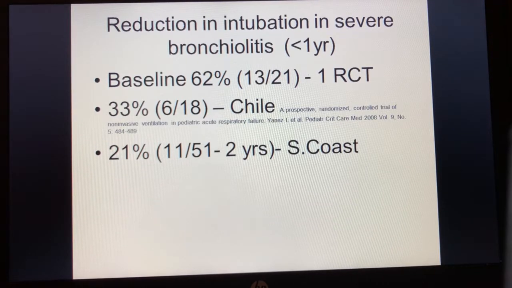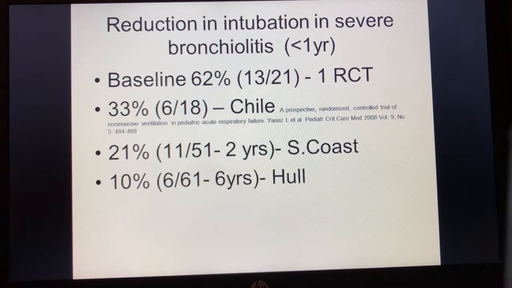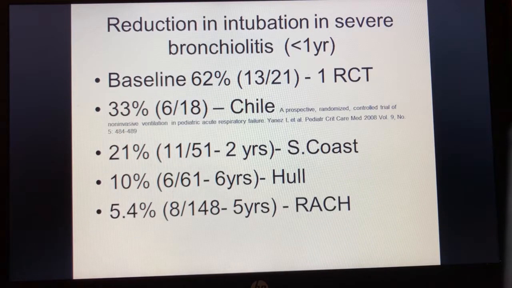A study from the south coast of England showed over a 2-year period that 11 out of 51 infants who were treated with CPAP for bronchiolitis were intubated, and similarly over a 6-year period in the early 2000s, 6 out of 61 infants were intubated following CPAP for bronchiolitis.